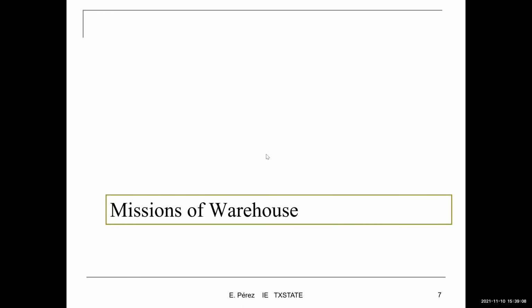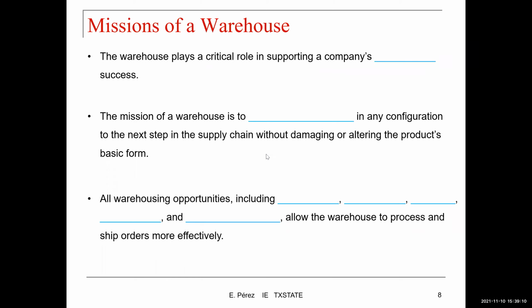So what are the missions of the warehouse? The warehouse plays a critical role in supporting companies' supply chain success. Again, very important, not only being able to have the trucks and the routes and the optimal destinations planned, but you need to have a warehouse that is efficient in the sense of having the product in the right location, having the product that you need, and being efficient in loading and unloading these trucks.